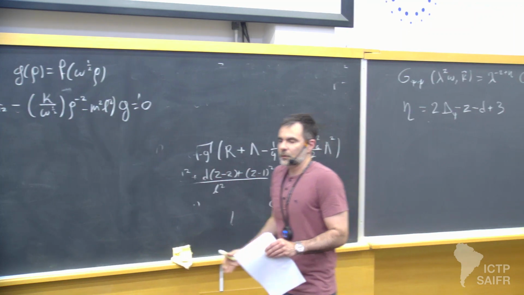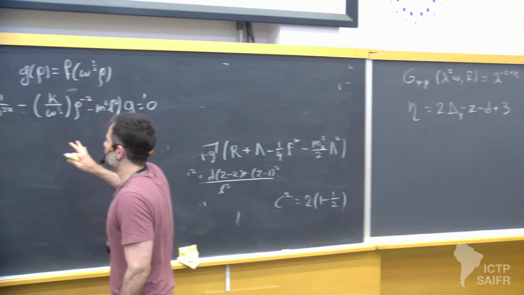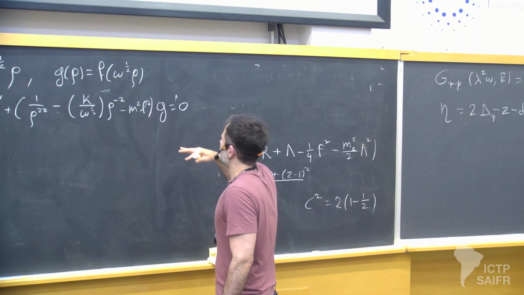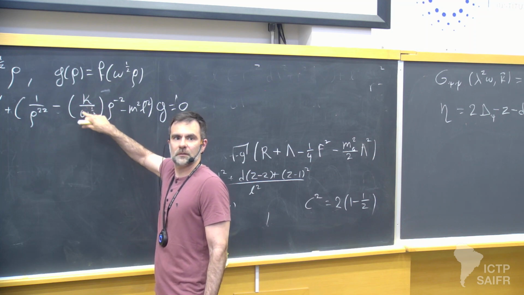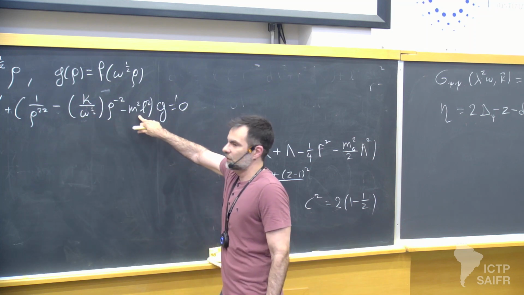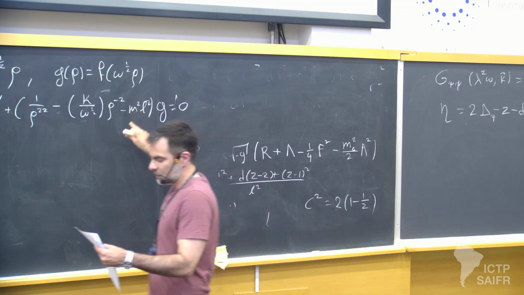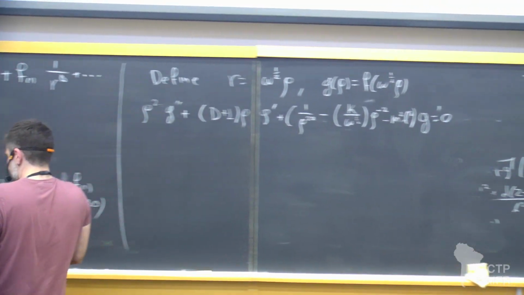Okay, so I have brought my equation into a form where the solution for g can only depend on this ratio and this dimension. It can only depend on these two parameters.